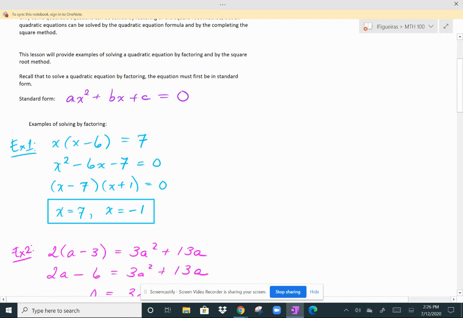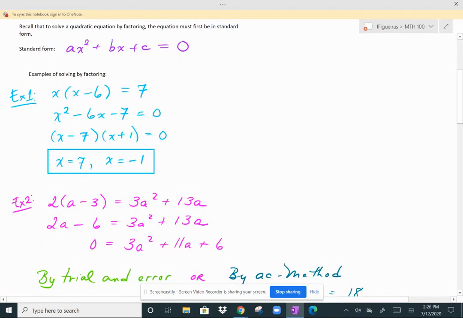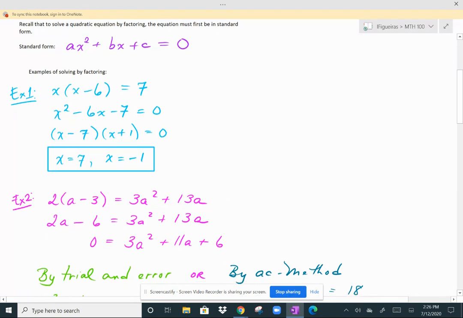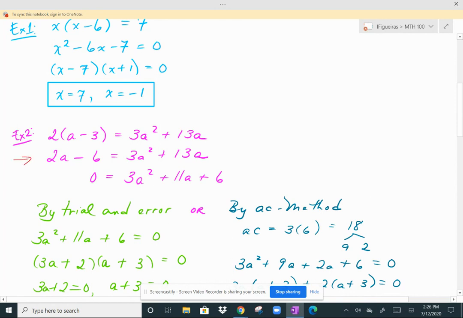Here's another example. Example 2. I have 2 times a minus 3 equals 3a squared plus 13a. Okay, so this appears to be a quadratic equation as well because of this term, but it's definitely not in standard form. So first thing I'm going to do is distribute on the left. So I get my second line here, 2a minus 6 equals 3a squared plus 13a.